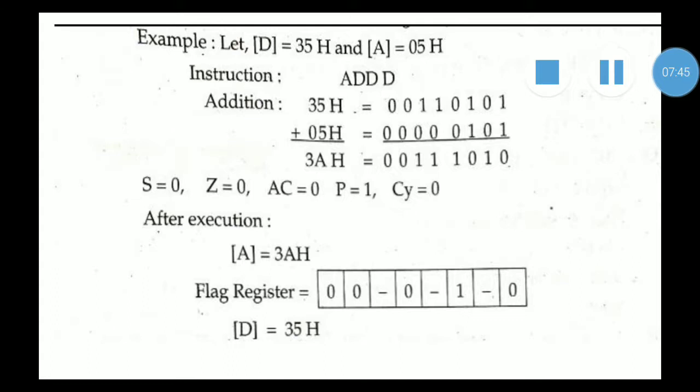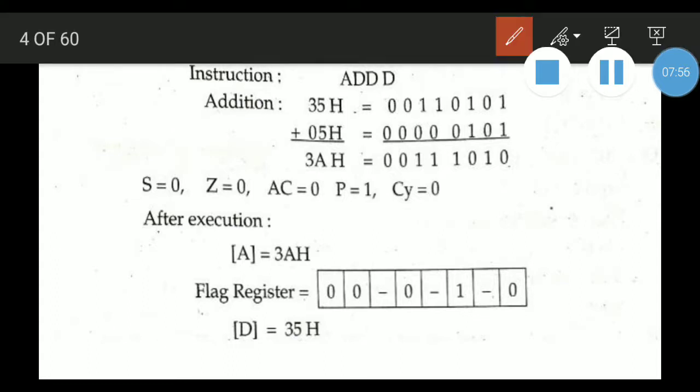Consider D as register R, and A is the accumulator. If I write the instruction ADD D, this is equal to the format ADD R, so in place of R we have D.